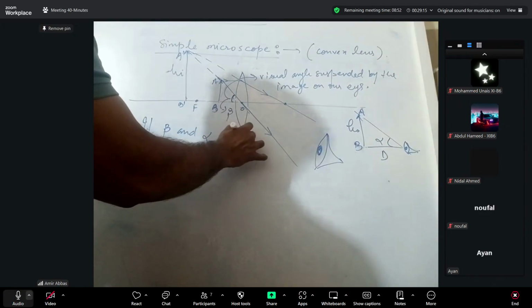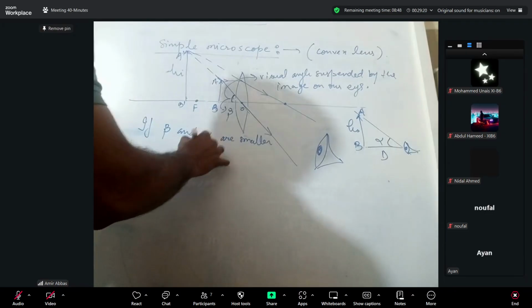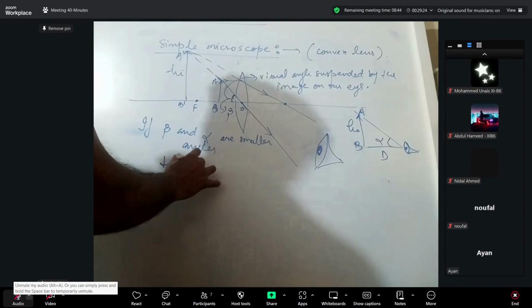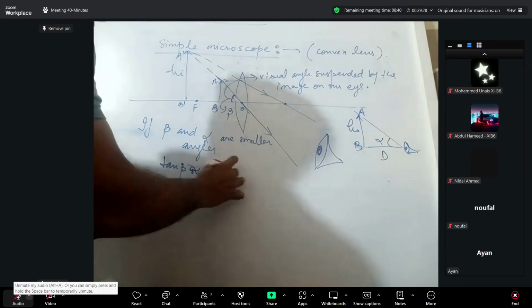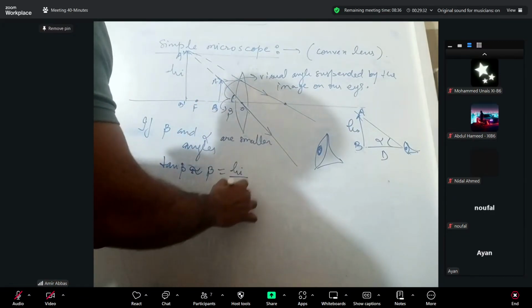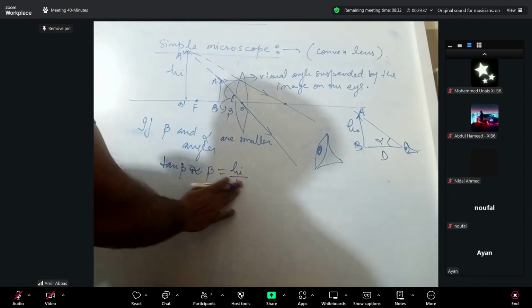Smaller angles, isn't it? Then tan beta can be taken as beta. From here, tan beta can be written as hi over v or x, whatever distance you want to take.